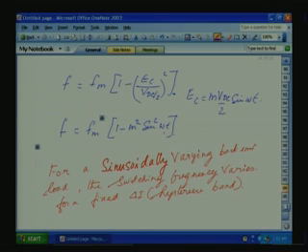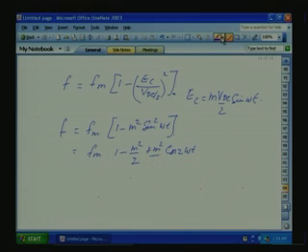See, sin square omega t we can again represent as 1 minus cos 2 omega t by 2. So, this can be represented as Fm into 1 minus m square by 2 plus m square by 2 cos 2 omega t. Now, when we substitute the value of EC into this one, the final equation is like this.